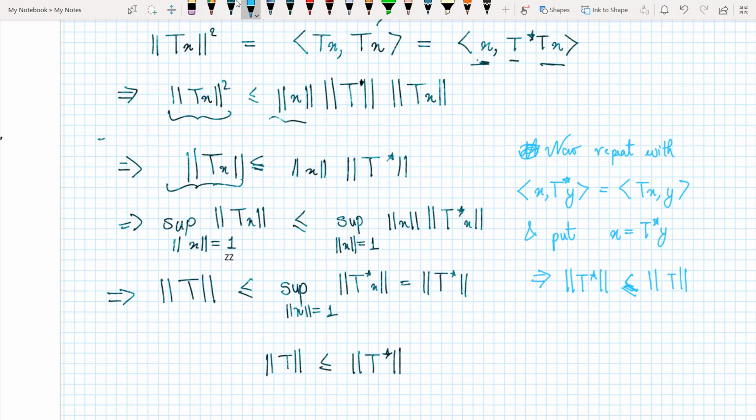So from these two things I can say that the norm of T is equal to the norm of T star.